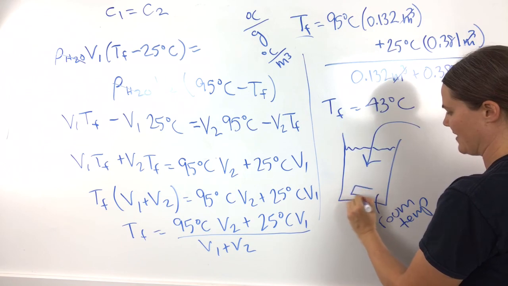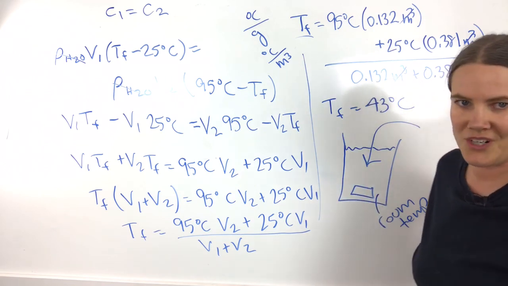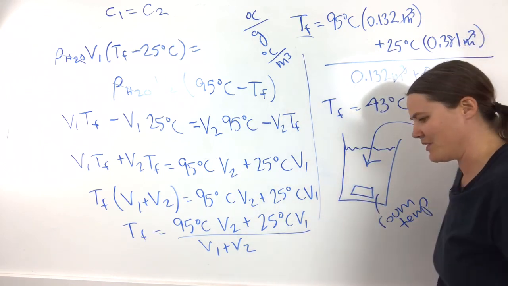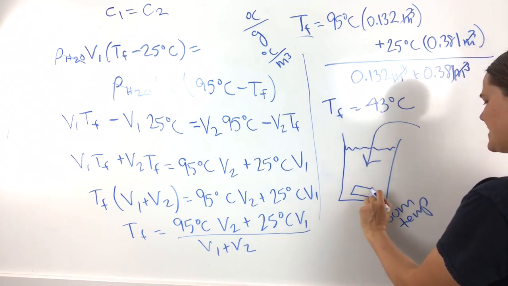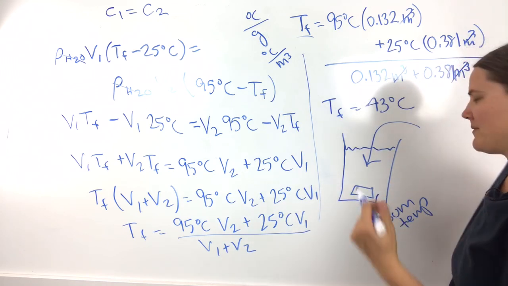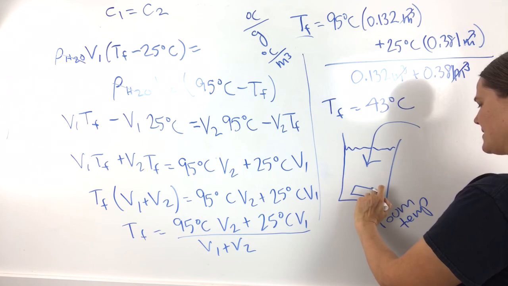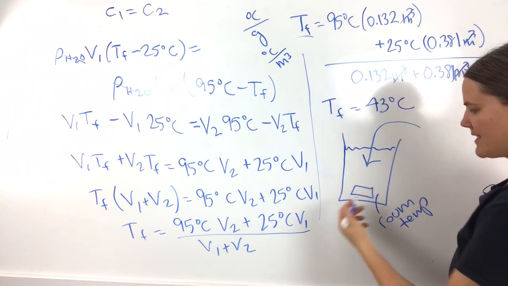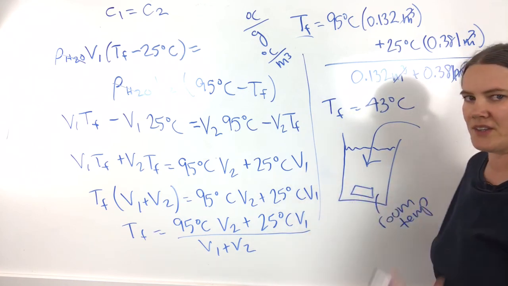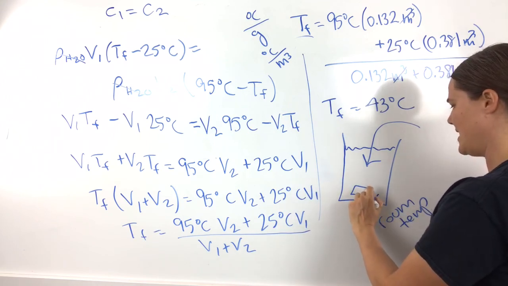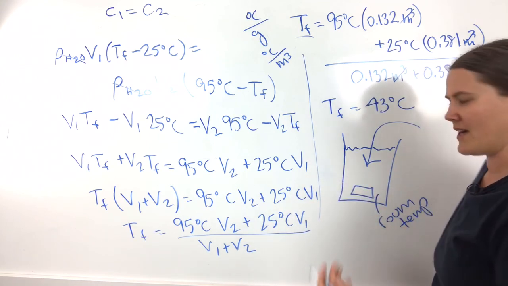Let's say you have a forge and you're cooling off a blade or something. So you would put it in water to cool it off. This is the same concept, because when you put this hot metal in the water, you're losing heat from the metal to the water.